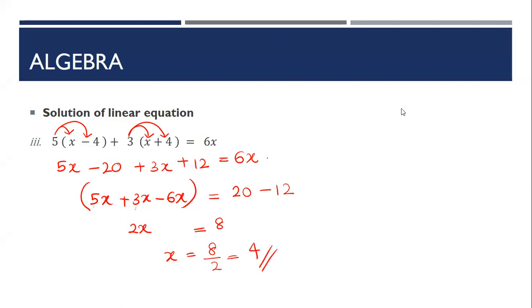Okay, so we all got the answer. X value is 4.